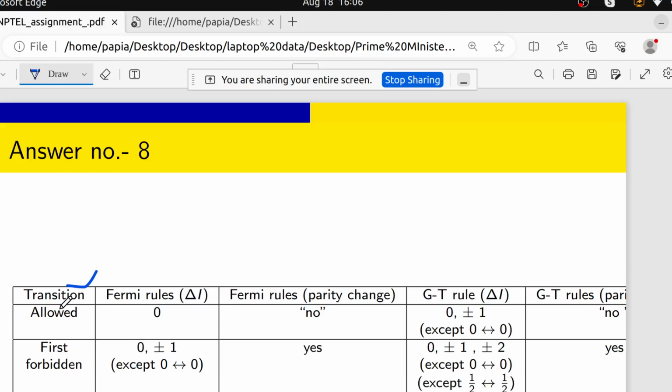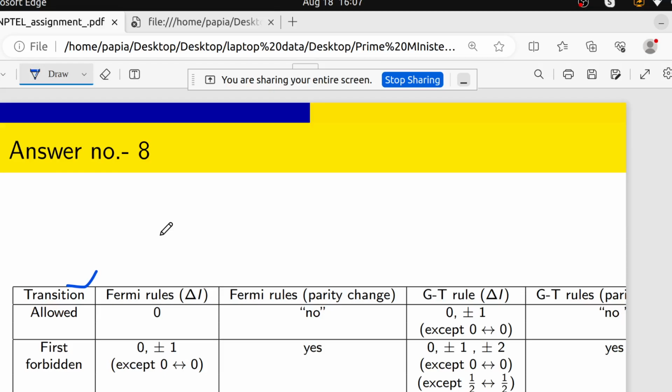In the Fermi rules, delta I will be 0 for allowed transition, and delta I will be 0 or plus minus 1 except 0 to 0. This condition will be for first forbidden for Fermi type beta decay.